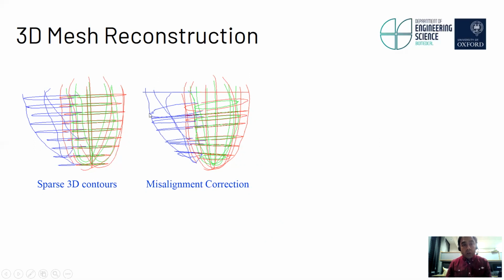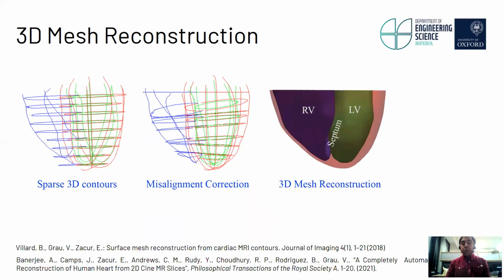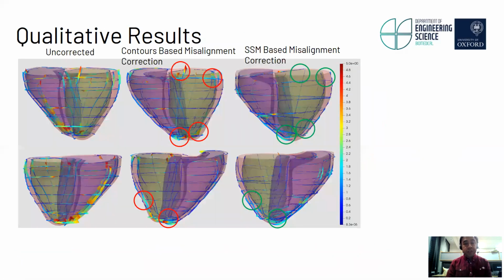Now the contours from the short axis and the long axis slices are quite similar and well resolved. These contours are now very well applicable for the attractor based minimization for the generation of the final 3D biventricular meshes, and we have used that and got our final biventricular meshes.